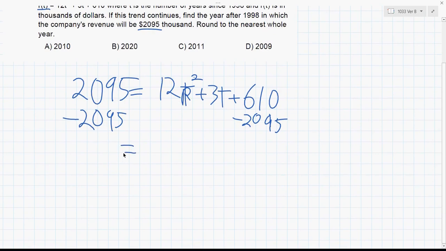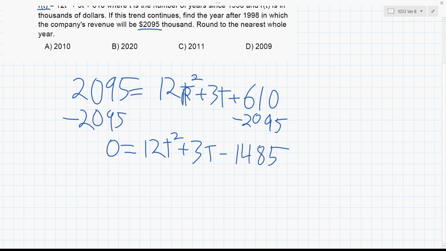This will give us 0 equals 12t squared plus 3t minus 1,485.